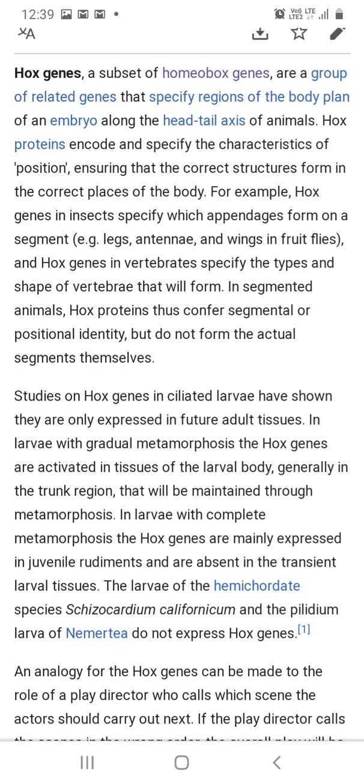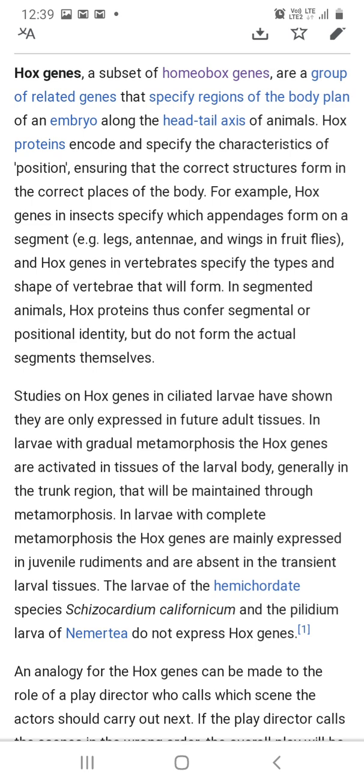Now, studies on HOX genes, which are a cluster of many genes which specify the regions of the body plan of an embryo, also encode the characteristic of position, ensuring the correct structure forms in the correct place of the body.